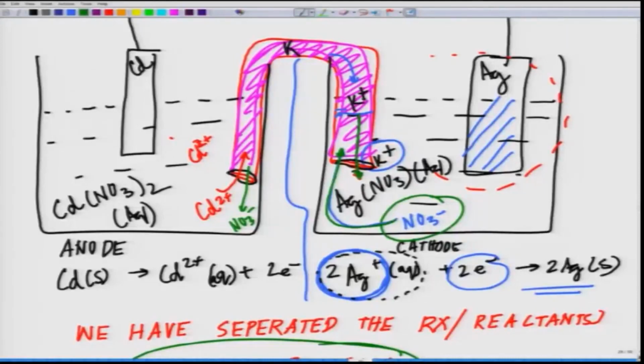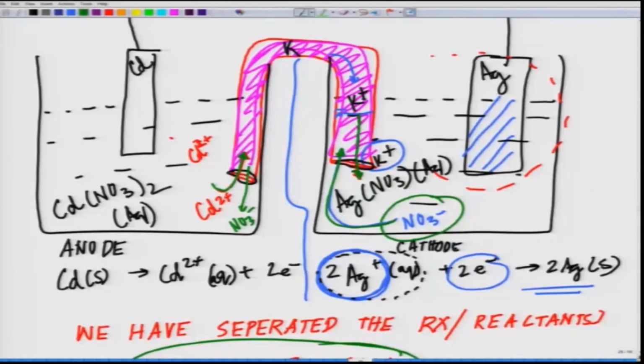On the contrary, the positively charged ions from the anode side, which is your cadmium 2 plus, move slightly inside the salt bridge, whereas some of the negatively charged ions NO3 minus from the salt bridge migrated into the anode side. So, what are the consequences of this kind of movement?